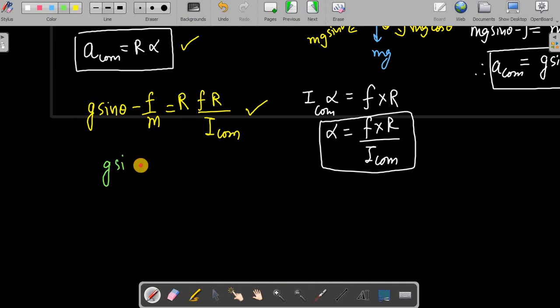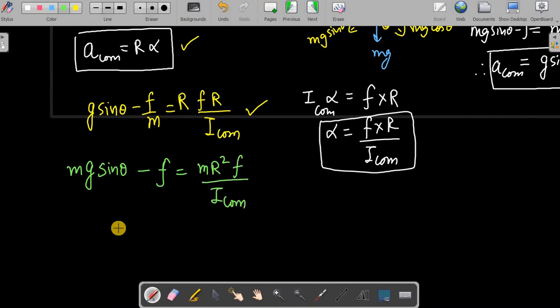Try to calculate friction from here. So g sin theta minus, or you bring that side, so friction can be taken common. So friction by mass, or mass you can take LCM and then try to simplify this, right? Take LCM this side. So this is m g sin theta minus friction is equal to m r square into friction by I center of mass.